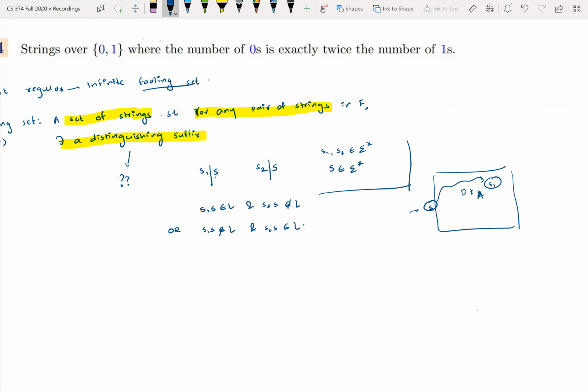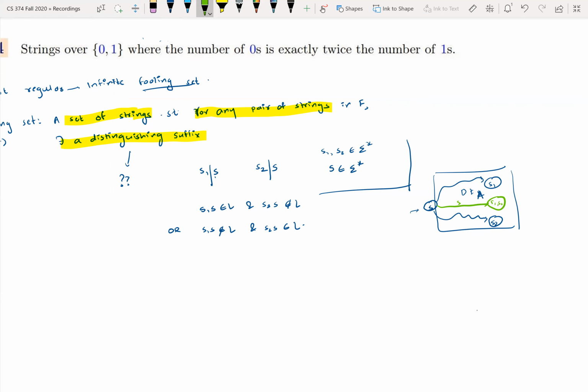On s2 it also starts and ends up at some state. Because it's a finite automaton, multiple strings can reach the same final state, so we could potentially have s1 and s2 reaching the same state.